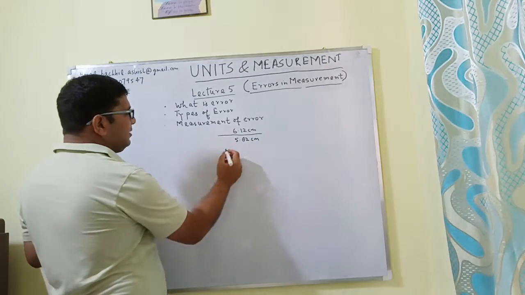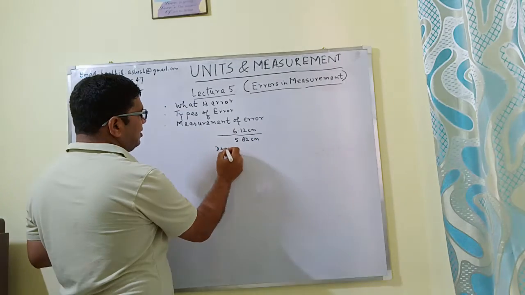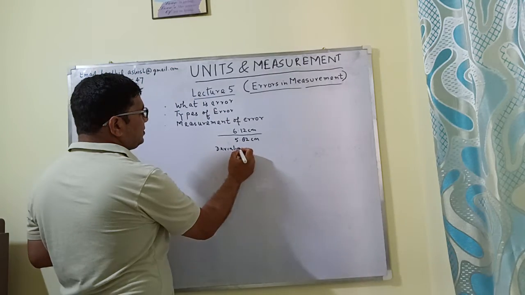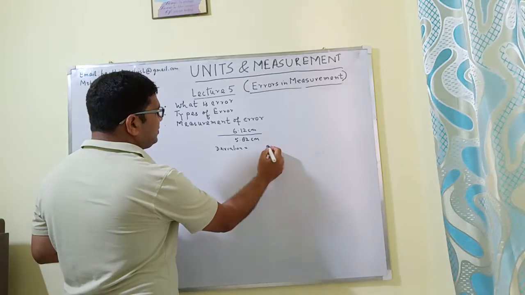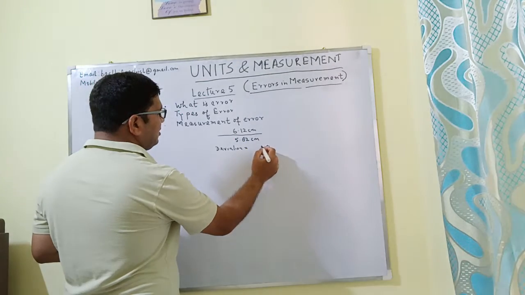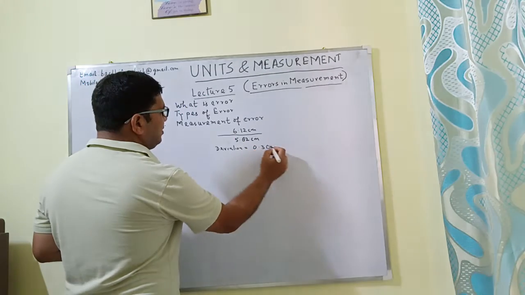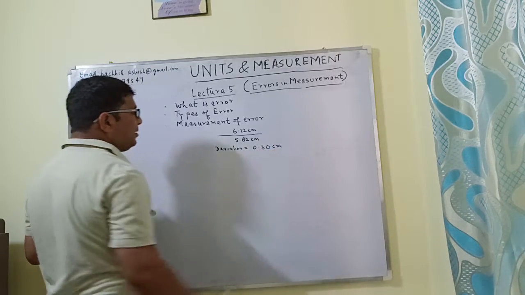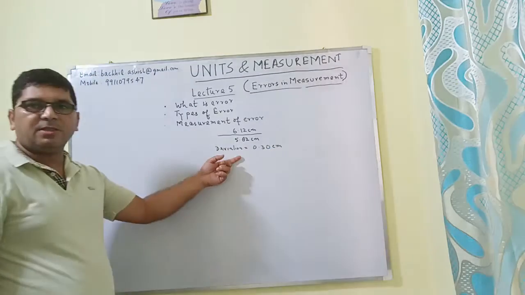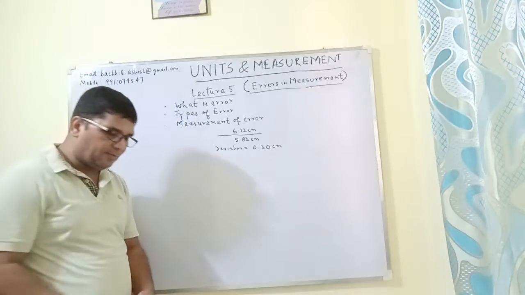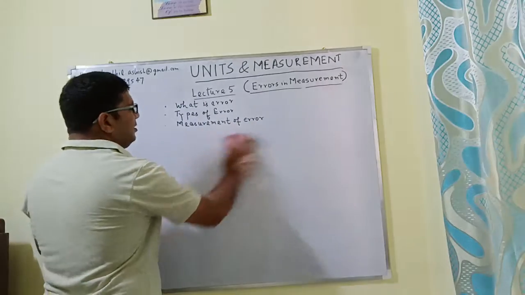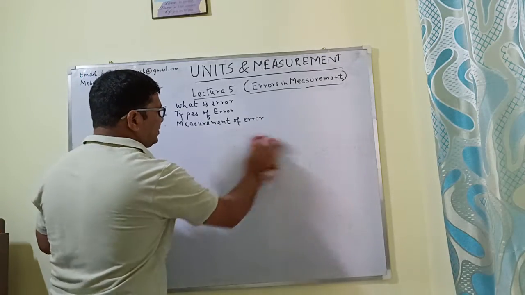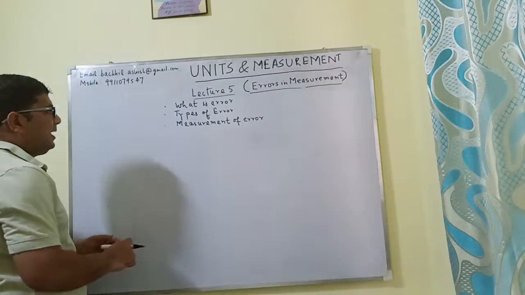Then the deviation is 6.12 minus 5.82, which is equal to 0.30 centimeter. So the error in this measurement is 0.3 centimeter. I think this is a very easy definition, so we don't have to discuss anything more than that.